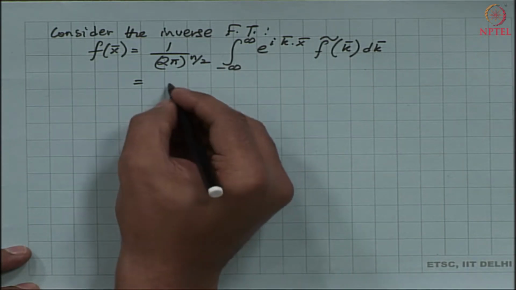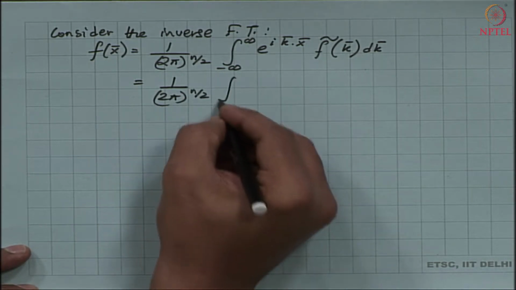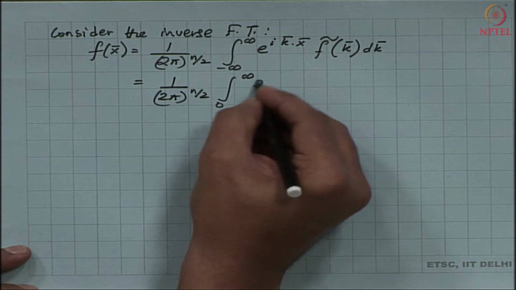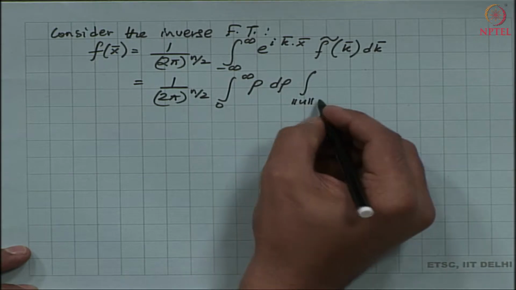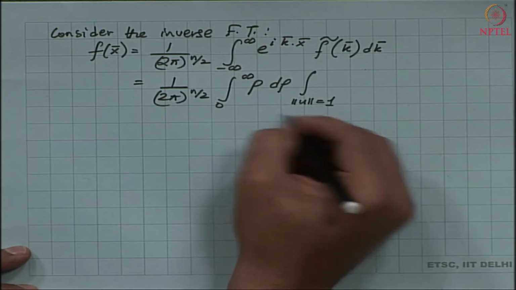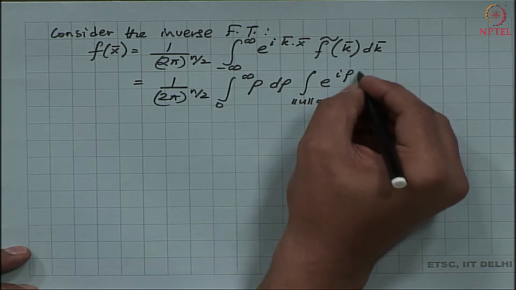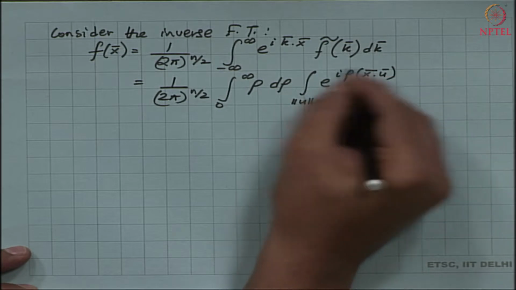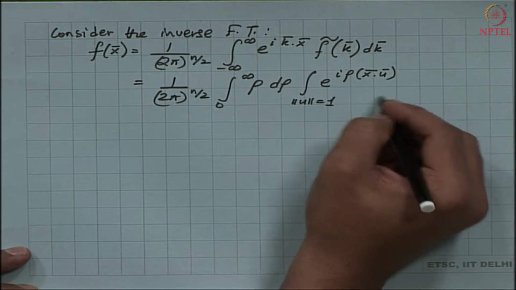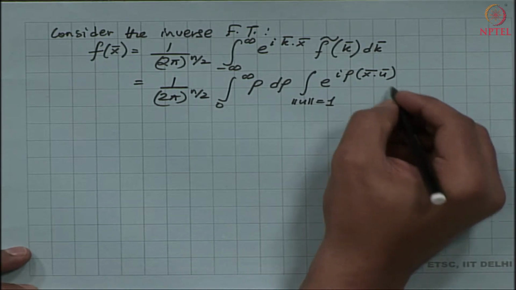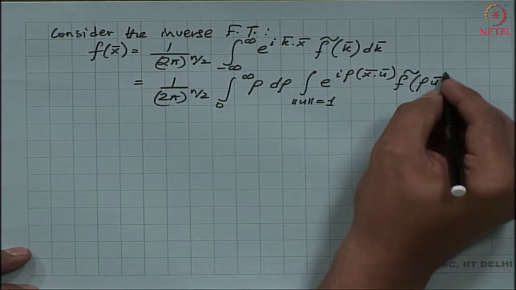So, this is going to be 1 by 2 pi to the power n by 2, integral 0 to infinity rho d rho, integral now over all the angles, over all the direction cosines, e to the power i rho x dot u, f tilde of rho u du.